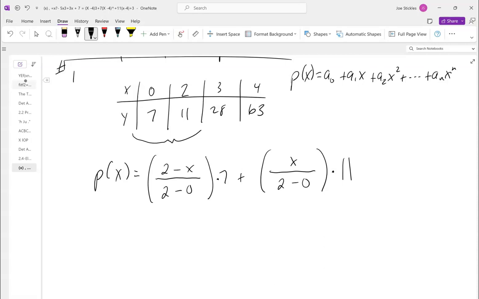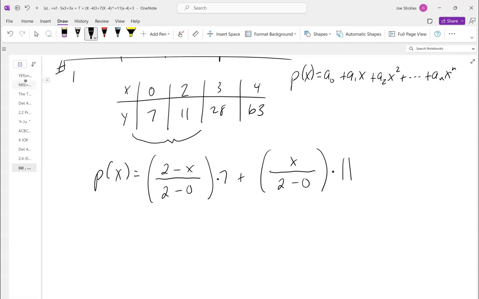I probably should have written my numbers the other way around, but this is the concept, right? When I put in 0 here, now I've got the exact same thing on top and bottom, don't I? When I put in 0 here, it kills the whole thing. When I put in 2 here, that gives me 0 on this one. When I put in 2 here, it gives me a 1 there. Right?